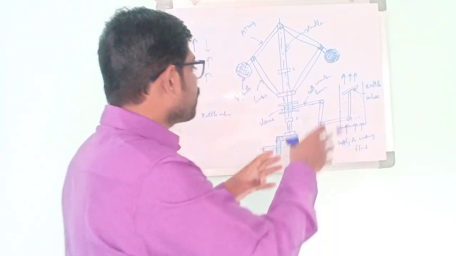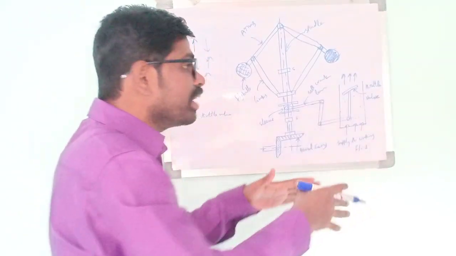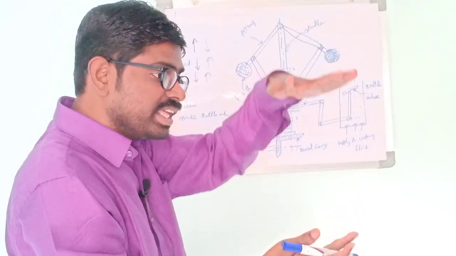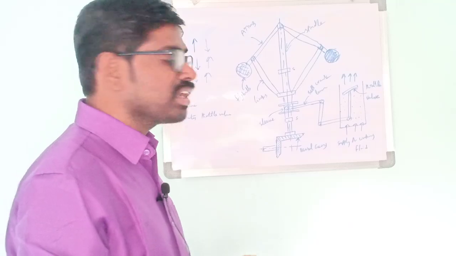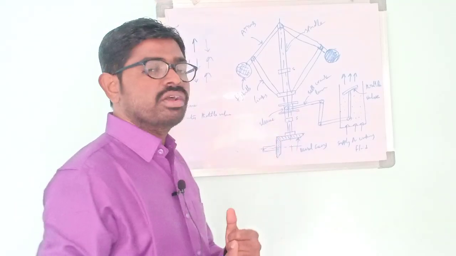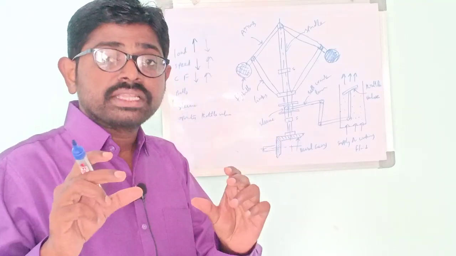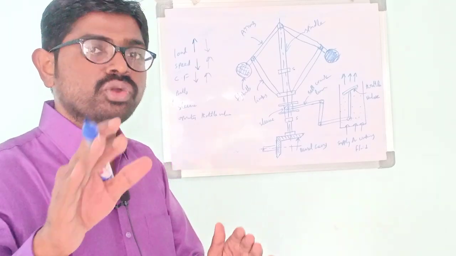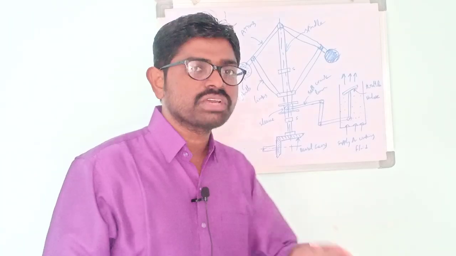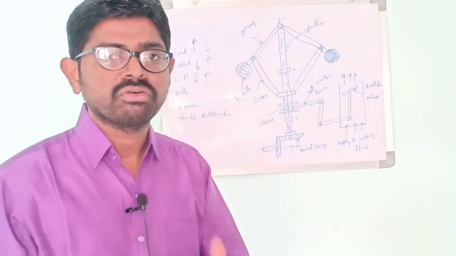When the supply of the working fluid is decreased, automatically the speed will be decreased again. It will come to the mean speed. In this fashion, the governor will regulate the mean speed of the engine based on the load conditions. This is the basic working principle of a governor.